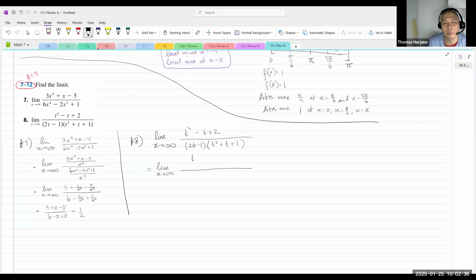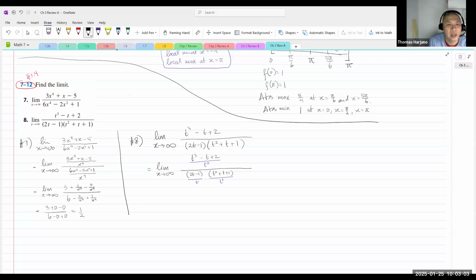But instead of thinking that way, let me do it this way. I copy the numerator and divide it by t cubed, while on the denominator I also have to divide by t cubed, right? But I write it this way: divide by t, and t squared. I hope you see what I mean.